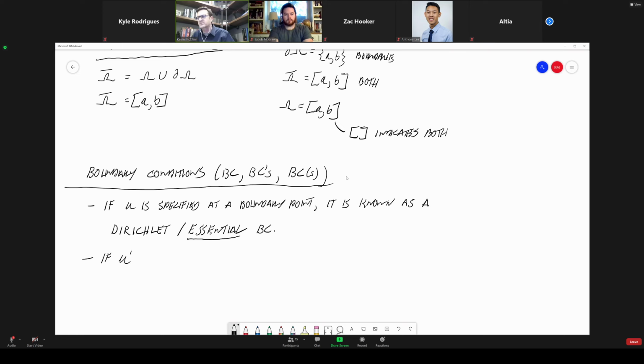If the first derivative of displacement is specified at a boundary point, it is known as a Neumann, N-E-U-M-A-N-N, natural BC.